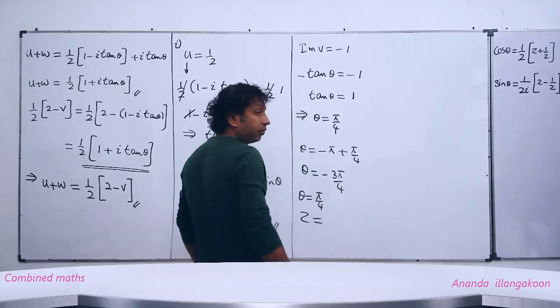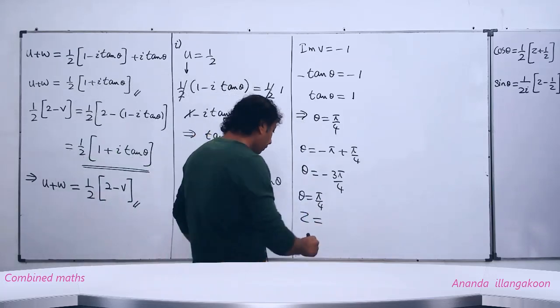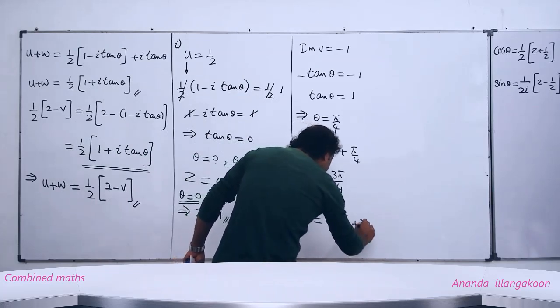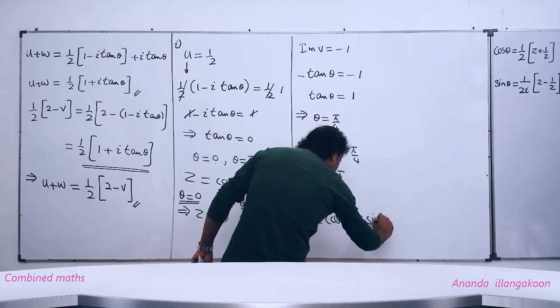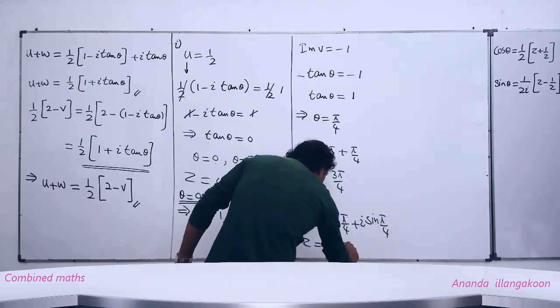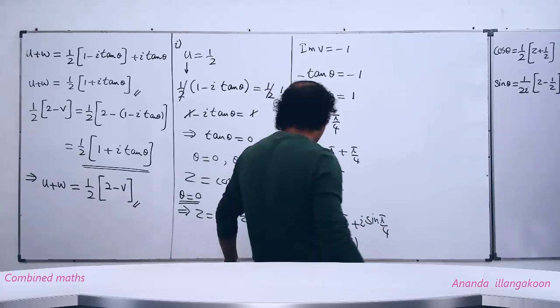What is Z? Cos theta plus I sin theta, no? At the very beginning of the question we had been given, no? Right. Cos pi by 4 plus I sin pi by 4. Then 1 over root 2 times 1 plus I. Right.